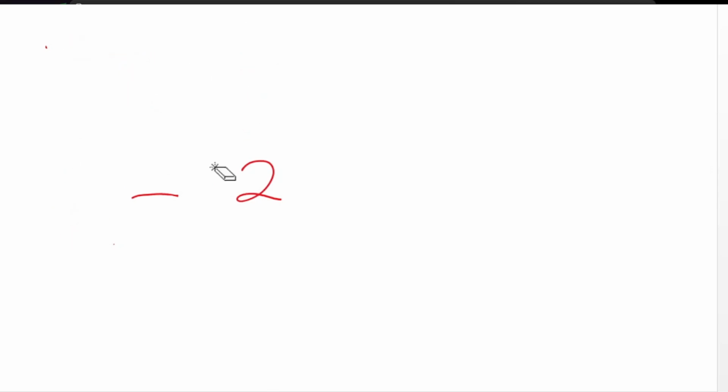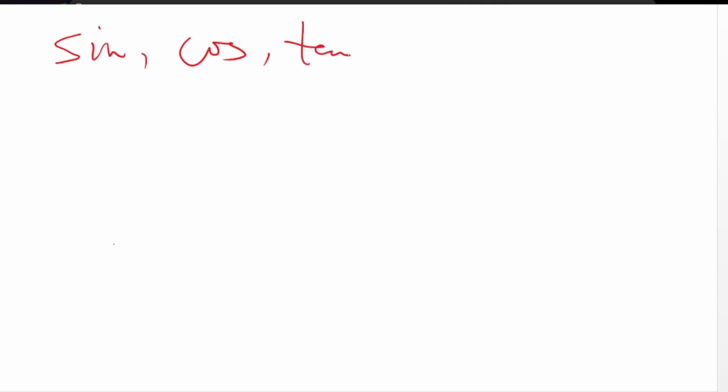So the three basic ratios we talked about are sine, cosine, that is cos, and tan, which is tangent. We want to find their reciprocals. If I ask for the reciprocal of sine, I'm saying 1 over sine.